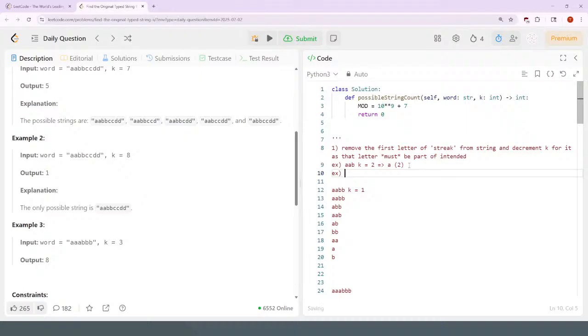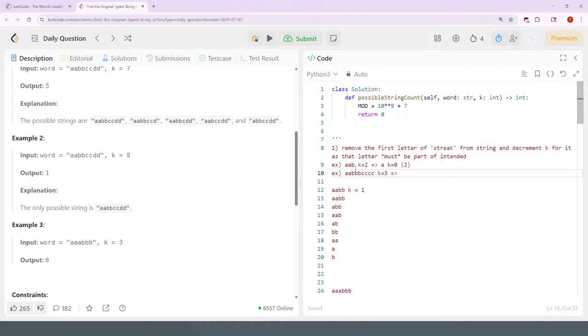Let's take an example. If it was, let's say, A, and I'll say here the single A is left over when K equals 0, and the 2 in parentheses means number of ways. This was something where it's like, let's say 2 A's, 3 B's, and 4 C's, and K equals 3.